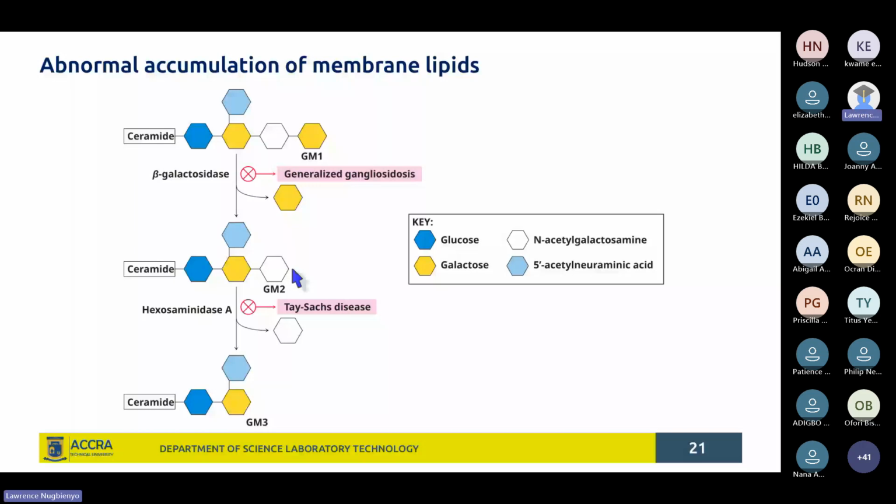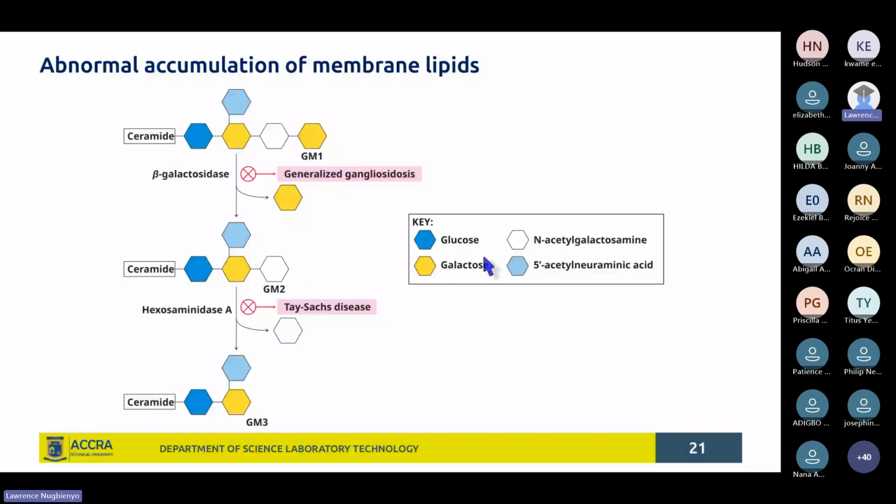Enzymes like beta-galactosidase act on these glycolipids. In the key, blue is a glucose residue, yellow is galactose, the marine blue is N-acetylneuraminic acid, and the plain white is N-acetylgalactosamine.